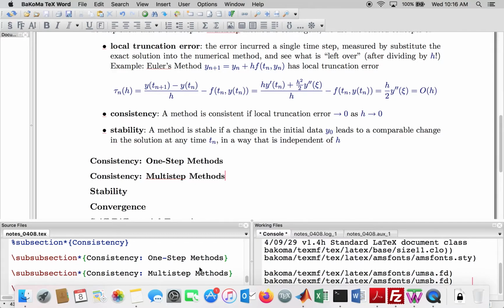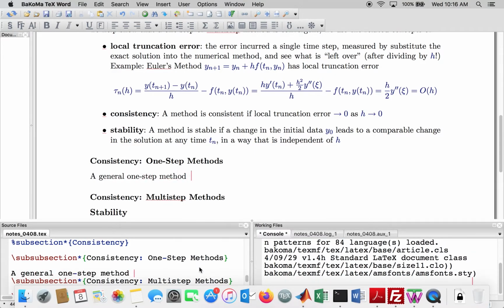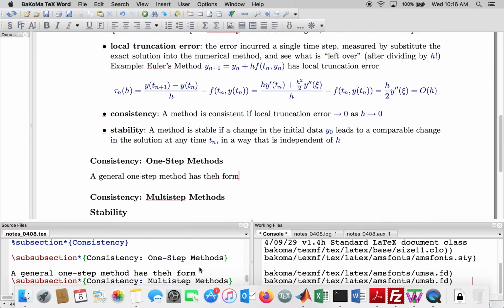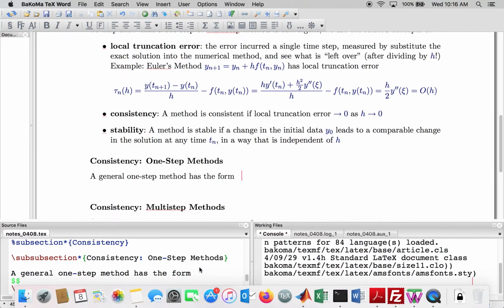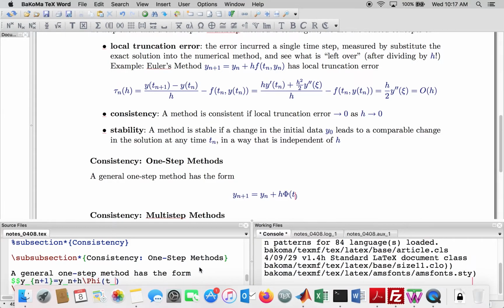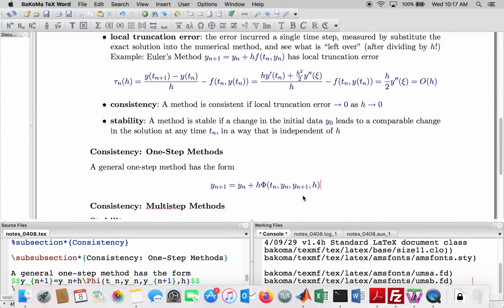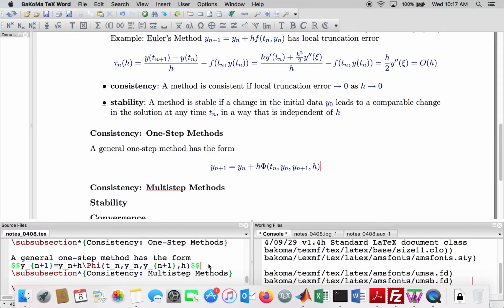So, a general one-step method can be written in this form. So y n plus 1 is equal to y n plus h times some function phi that depends on t n, y n, and also y n plus 1. Some books leave this out, but I believe it's necessary to include this y n plus 1 in case the method is implicit.